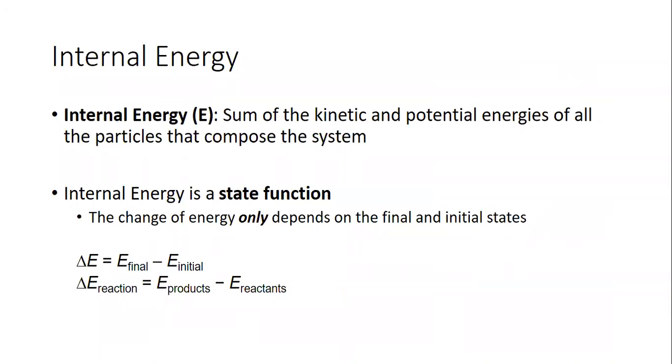We talked about this delta symbol, where every time we see delta in chemistry, that means change, right? And it's always going to be final state minus initial state. For a reaction, if we want to measure the change of energy of a reaction, that is products minus reactants.